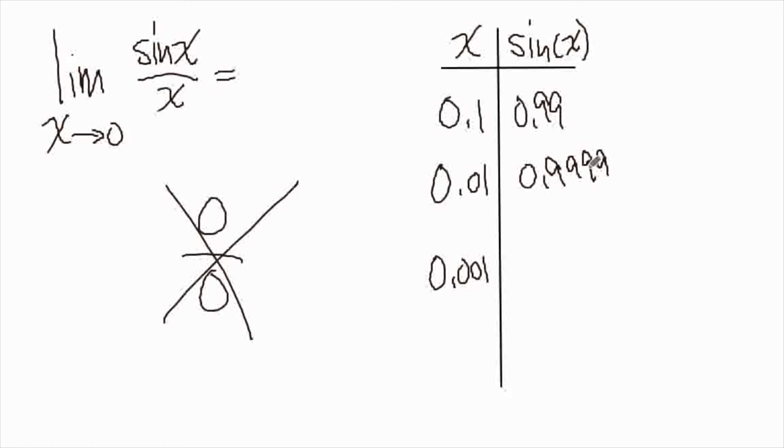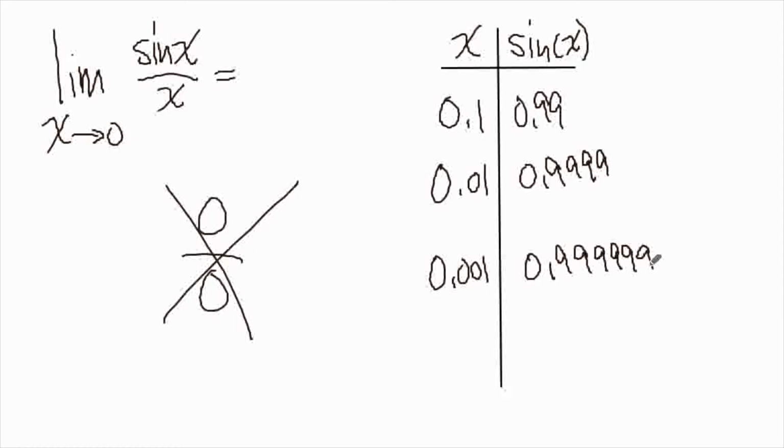And I'll do one more, sine of 0.001 divided by 0.001, and that gives 0.9999999. Now, the pattern that I notice, and you probably notice, is that the number of nines increases as x gets smaller and smaller.